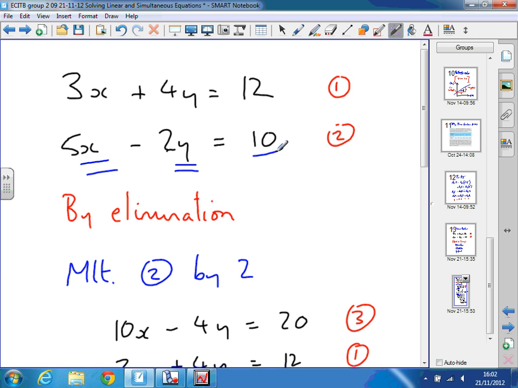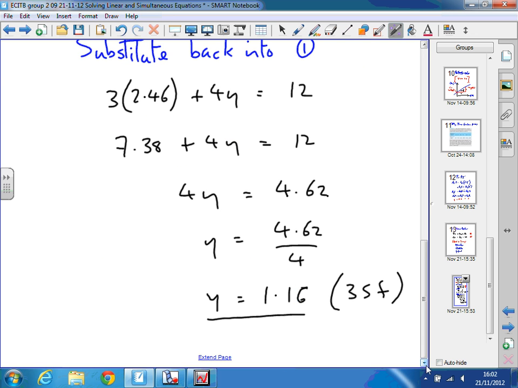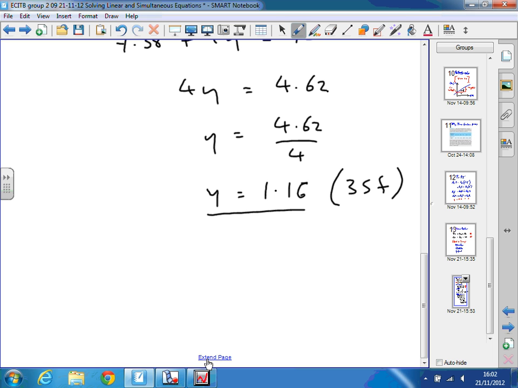You probably won't get exactly 10 because we've rounded our answers, but we should get near enough 10. So check in 2. Don't check in the one you've already used, because if you made a mistake, you might make the same mistake. So check in the other one.